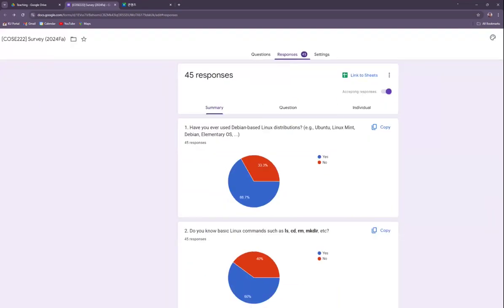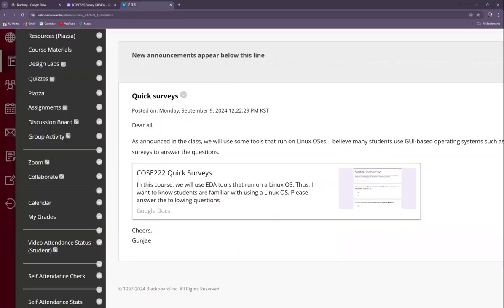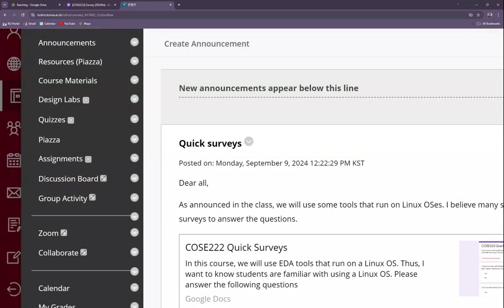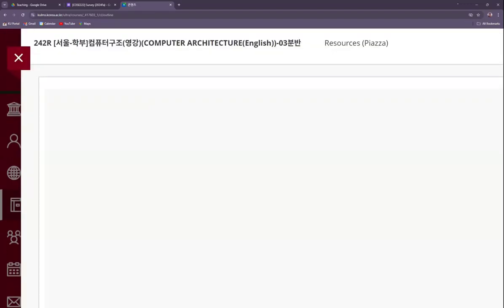Then if you see Blackboard, you can find the left panel here, and if you click Resources and Piazza, it's not connected.